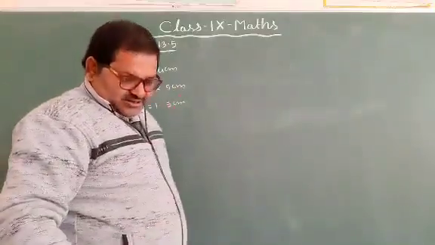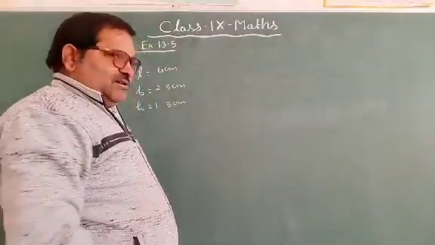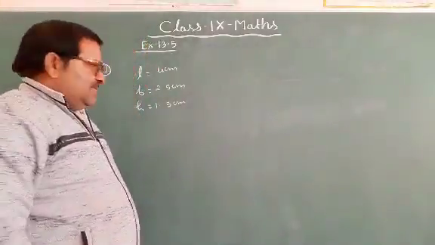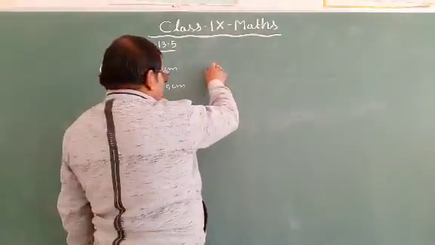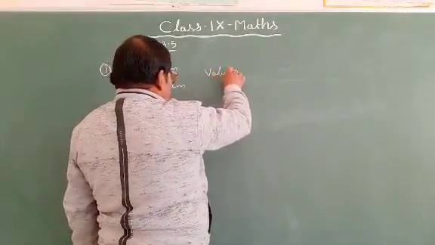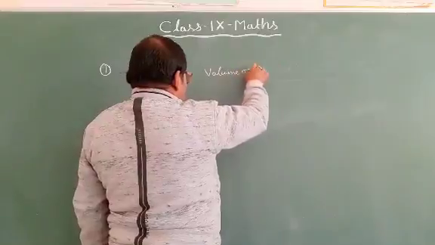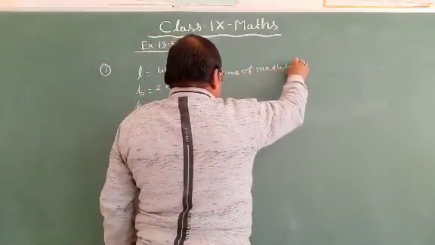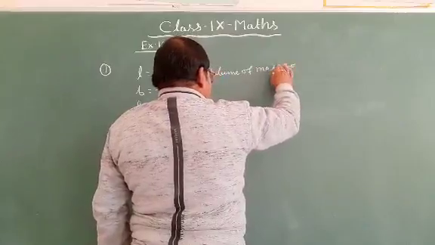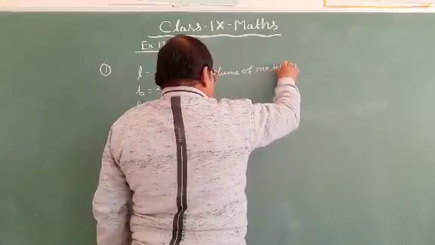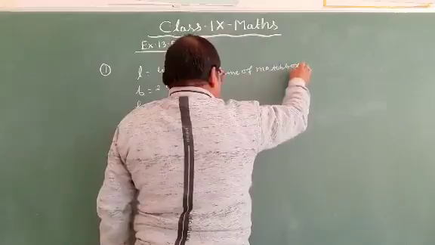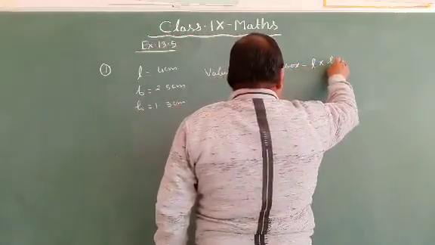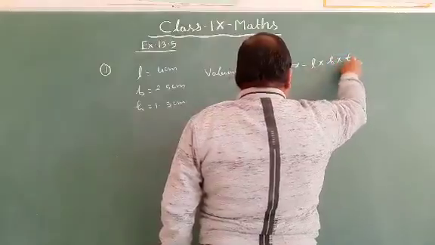This is the length, breadth and height of the matchbox. The volume of the matchbox is equal to length into breadth into height.